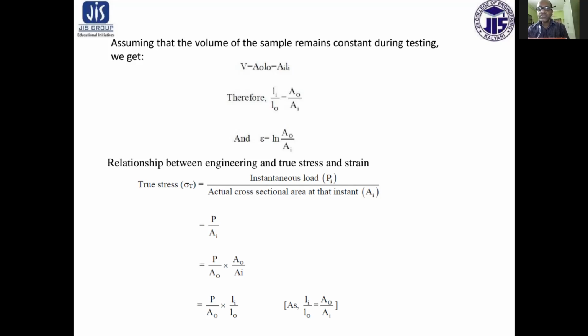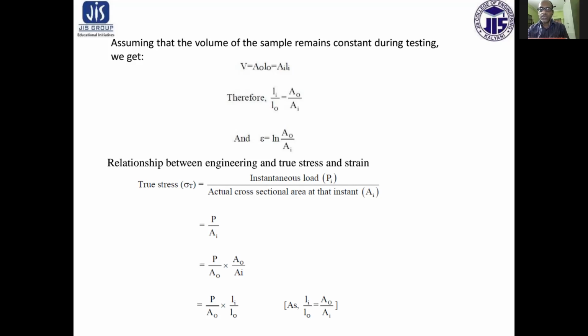Now, the relationship between engineering and true stress strain. True stress is equal to instantaneous load by actual cross-sectional area at that instant, that is P by Ai. Now, we may rewrite this equation as P by A0, that is the original cross-sectional area, multiplied by A0 by Ai.